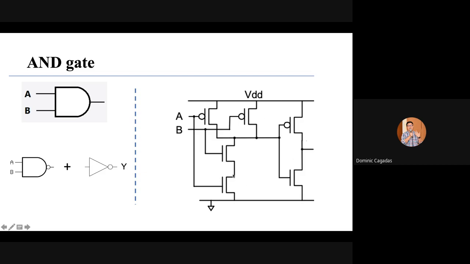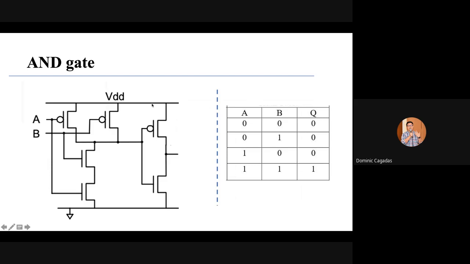So we are going to trace now the output of our AND gate based on our equivalent transistors. For our first case, A and B are 0, 0. So this one here is turned on, B is also turned on. This is on, this is on. This one is off, this one is off.